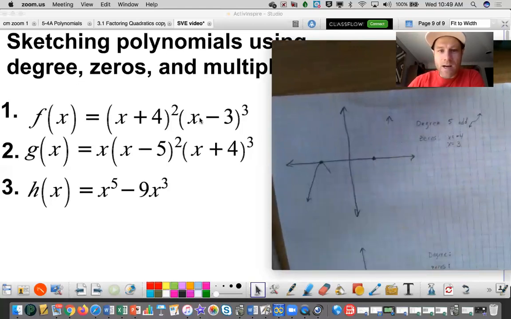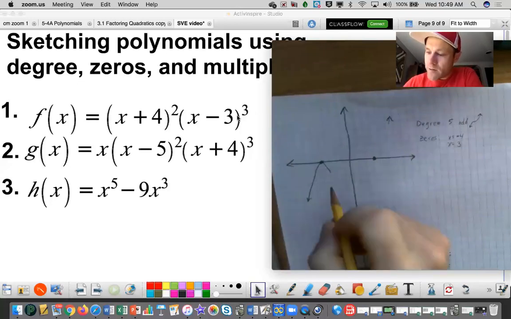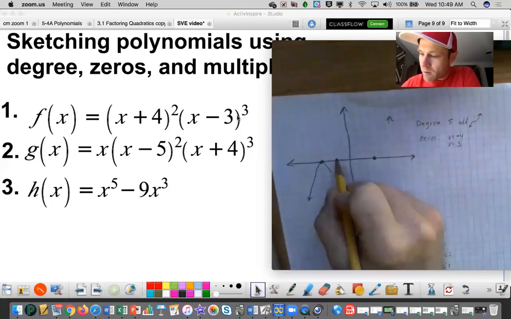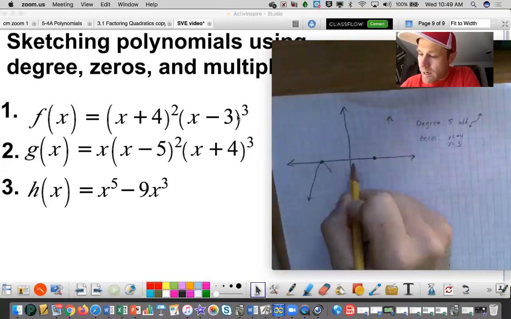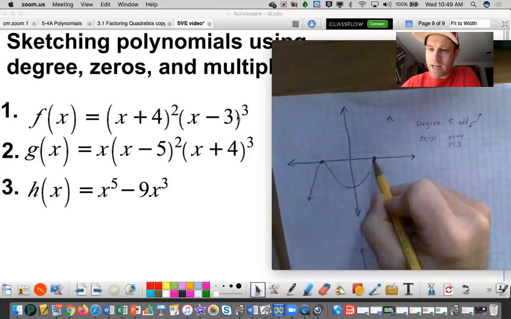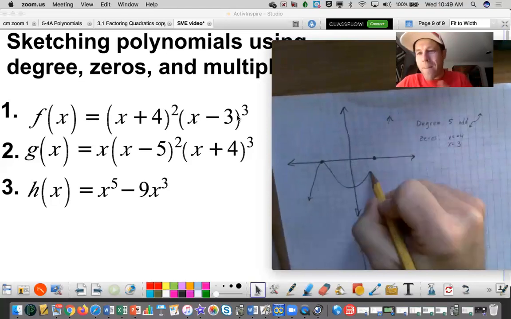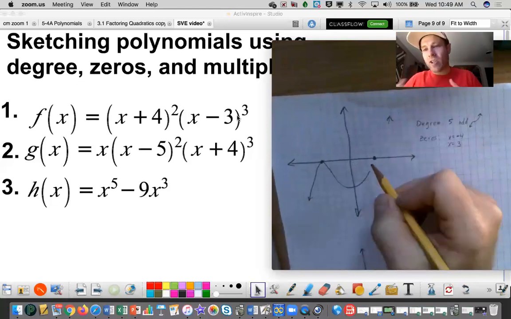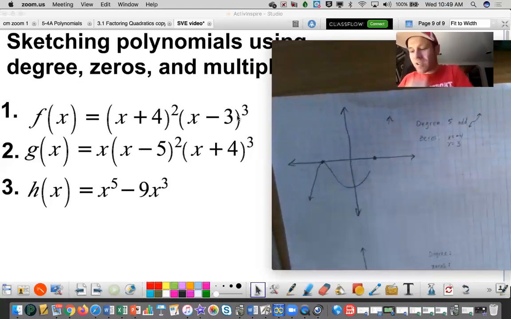And the 3 has a multiplicity of 3. It's a cubic multiplicity. So since I don't turn back around and hit this at all, I know as I come through this 0 right here, I'm going to pass through. And since it's a cubic, I'm going to pass through almost like a cubic.